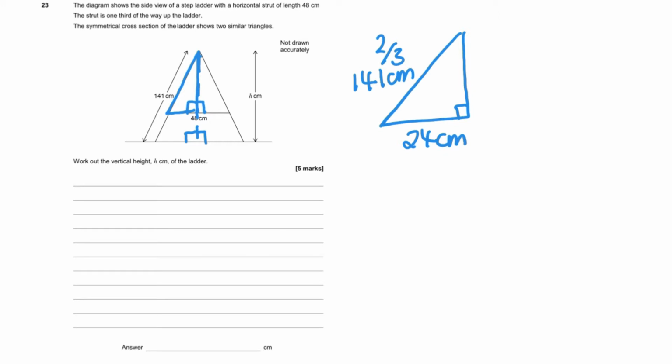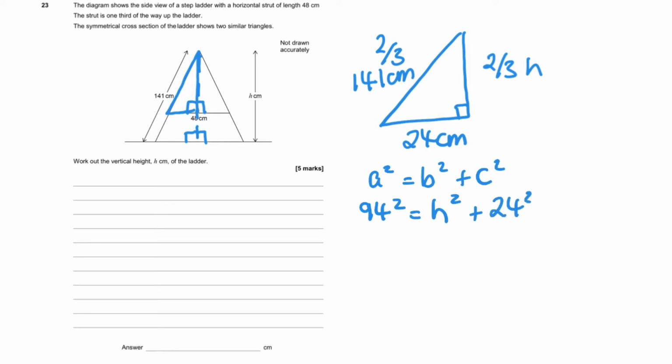That means that we can find 2/3 of the height of h. So using Pythagoras' theorem, we've got a squared is equal to b squared plus c squared. So 2/3 of 141 centimetres, which is 94, squared, is equal to our h squared plus 24 squared.